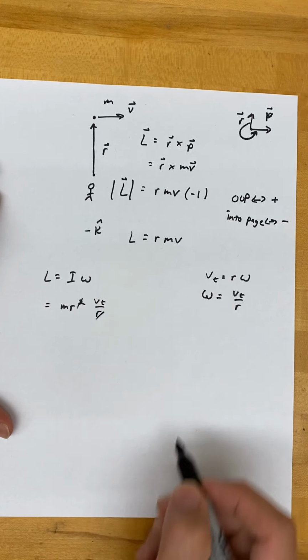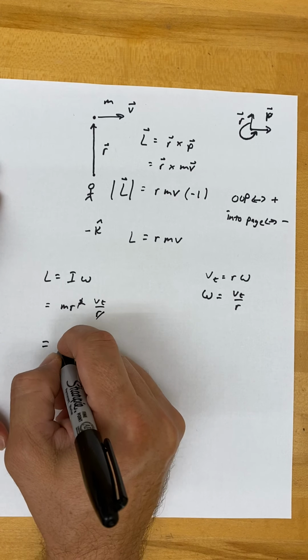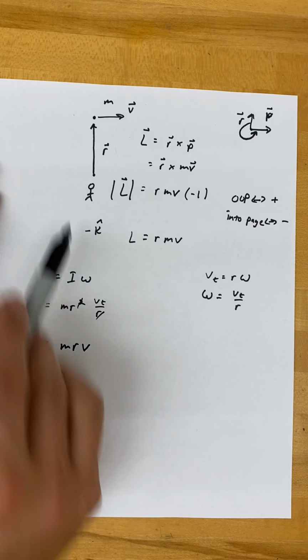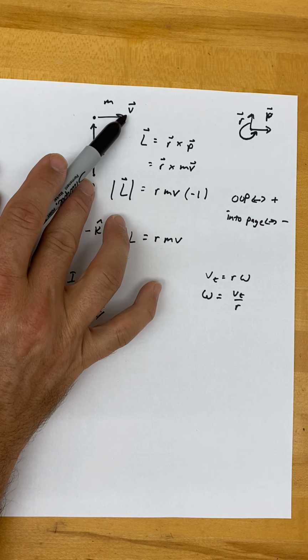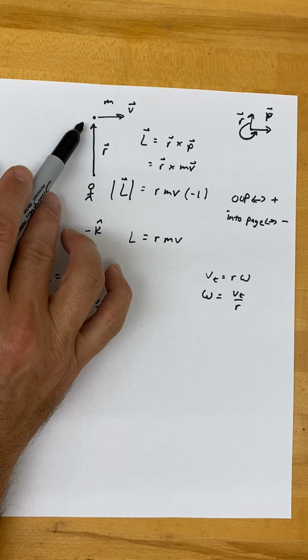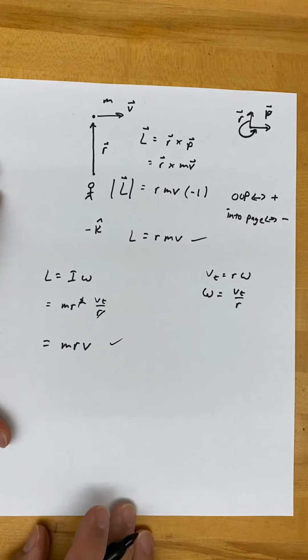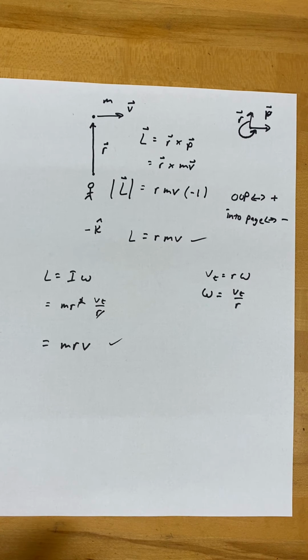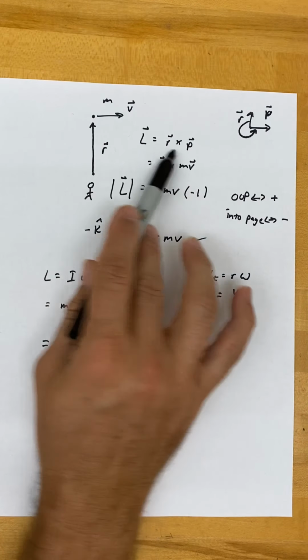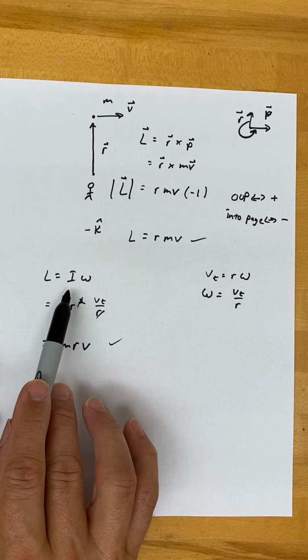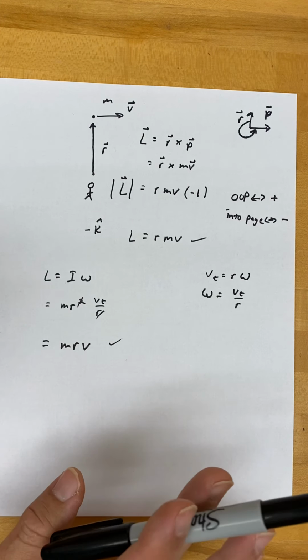I'm going to lose an r, and I get mrv. I'll leave off the tangential, because at this point, what we're saying is v is tangential to this position. So yeah, I get the same thing that I got before, which of course I have to, because I'm calculating the same quantity. But that's two different ways: the explicit cross product and the other formula that I have, which is I omega. So both of them will work.